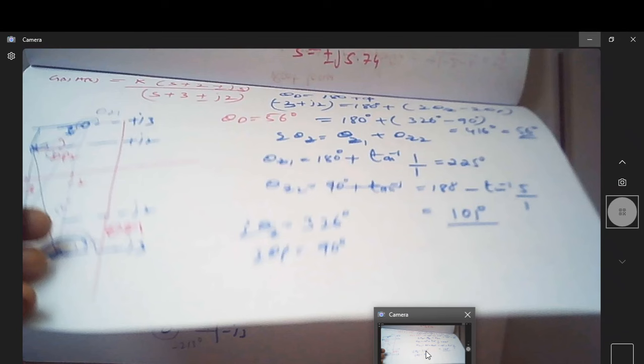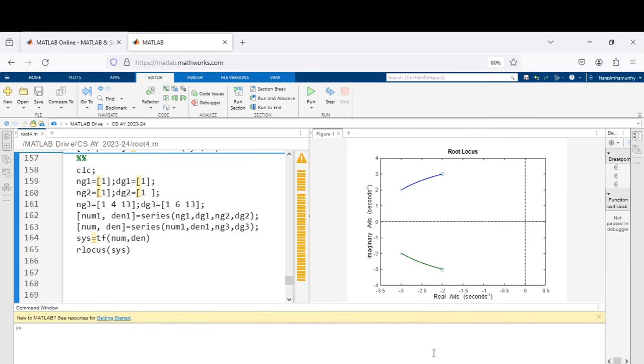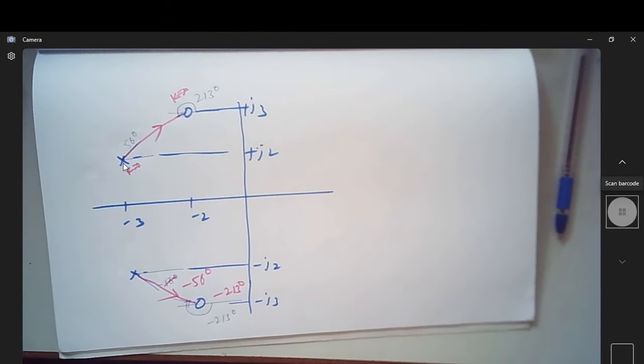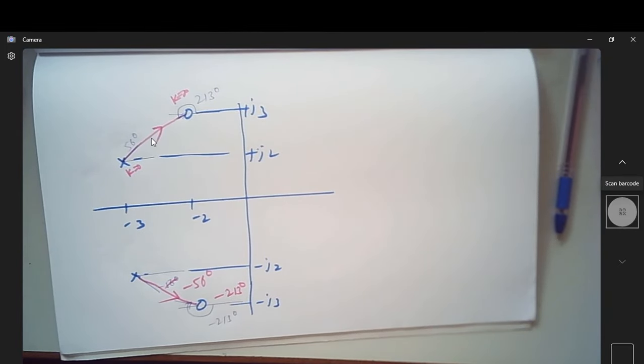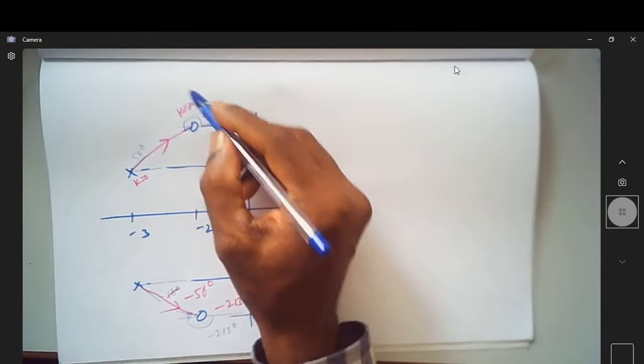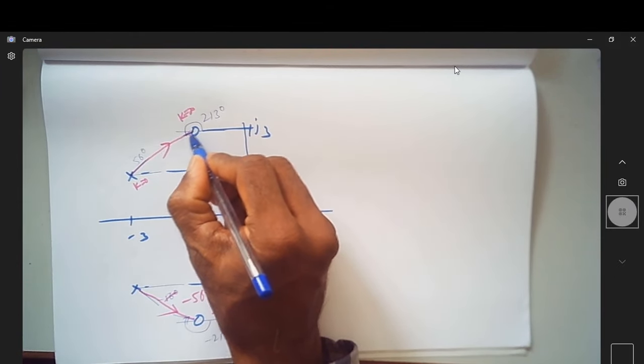So this is what we have in our plot also. So this is leaving at an angle of 56 degrees and arriving at 213. When I say arriving, it is arriving like this, at an angle of 213 degrees.